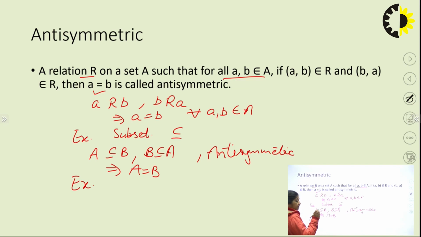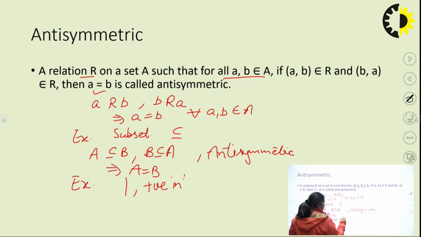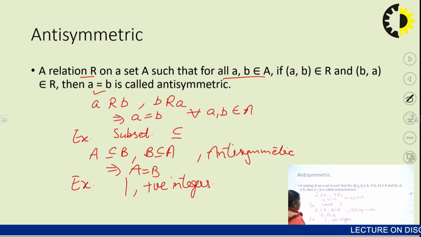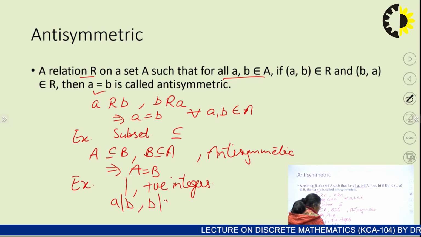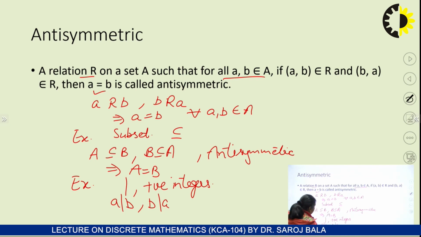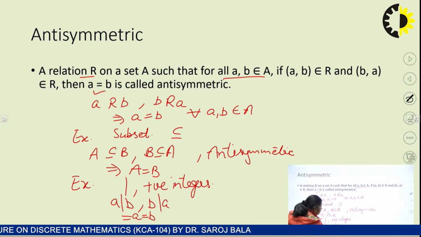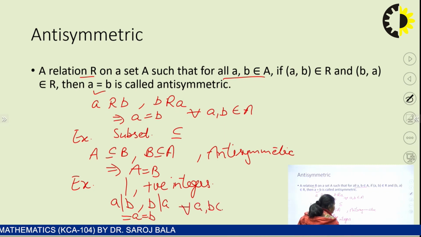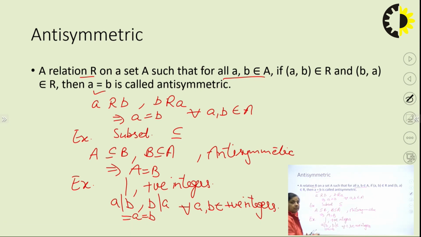If I take divisibility over positive integers, A divides B and B divides A, we can see that a number A divides B and it is also divisible by A only in one case, when A is equal to B, for all A, B belonging to the set of positive integers. So this is the property of antisymmetry.